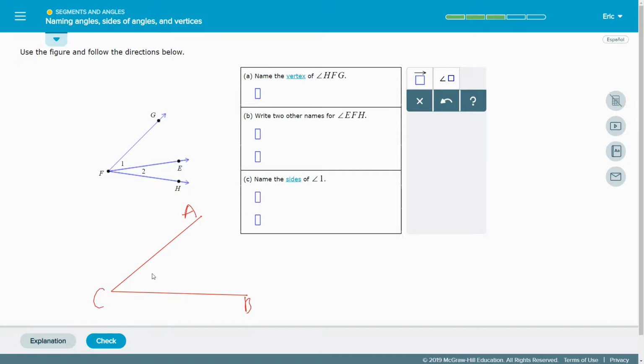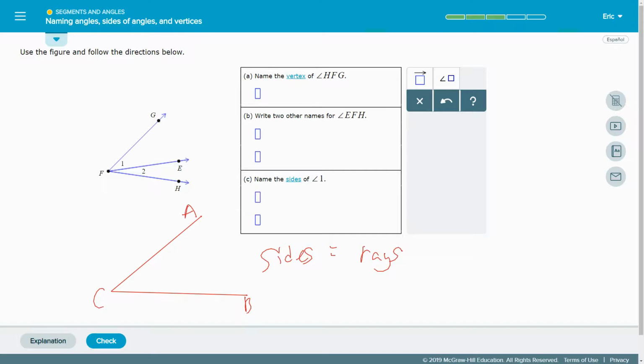CA is one ray, CB is my other ray. And those are the sides of my angle. So the sides of your angle, let me put it, sides equals a ray.